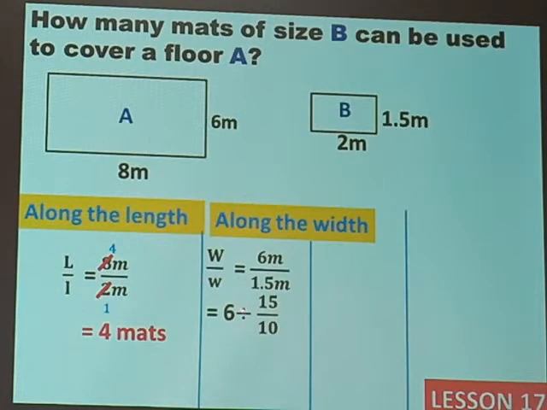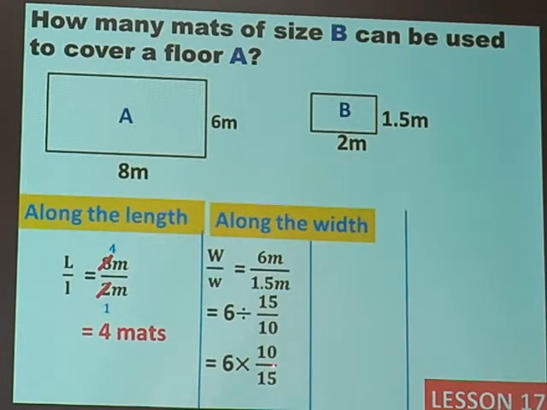And what is that? I believe you should have mentioned it. So we shall change division to multiplication. Then we get the reciprocal of 15 out of 10, which is 10 out of 15. From there we can now cancel, can reduce.